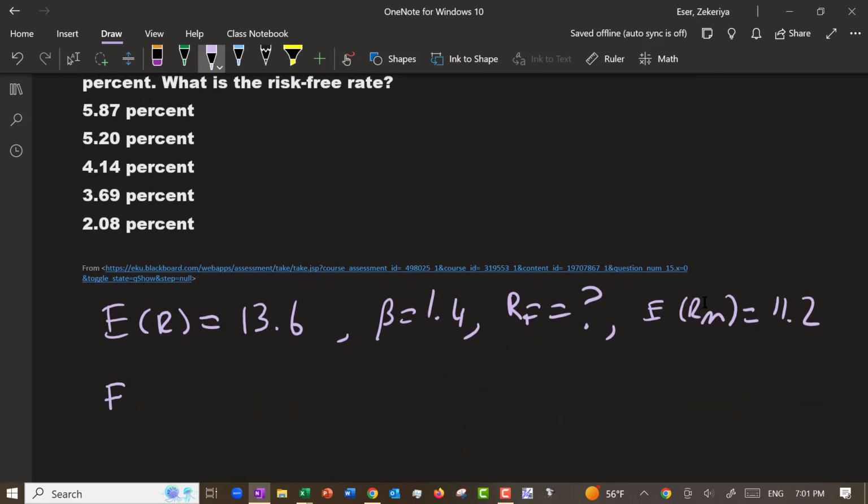Our equation is the following. Expected return is equal to risk-free rate plus beta times the market return minus risk-free rate.